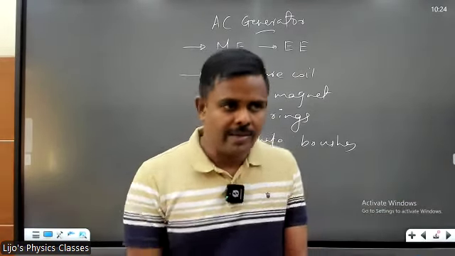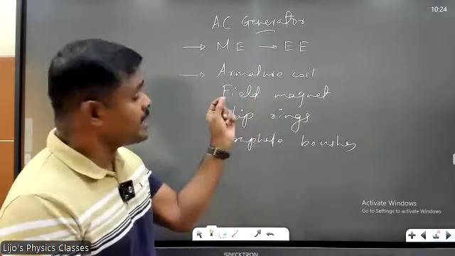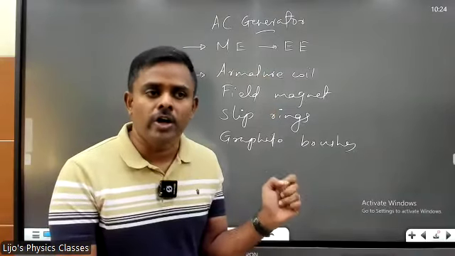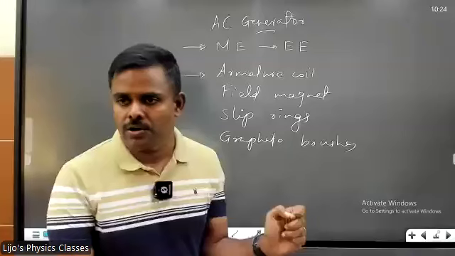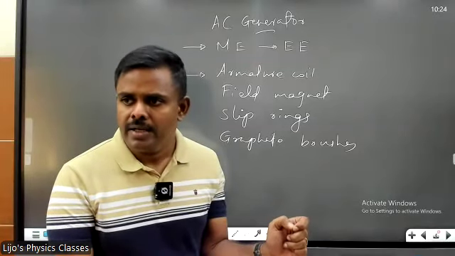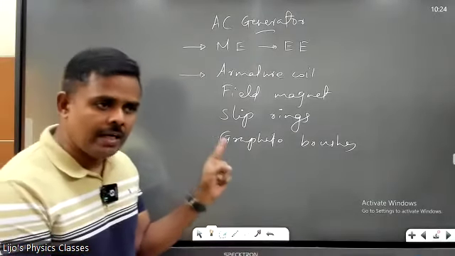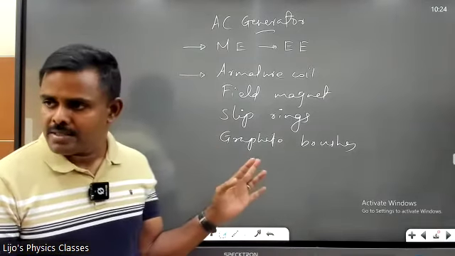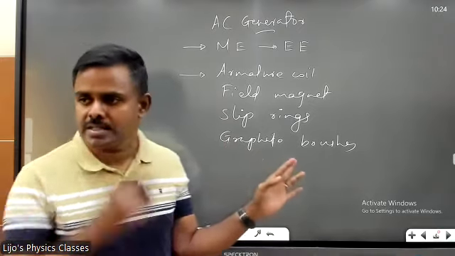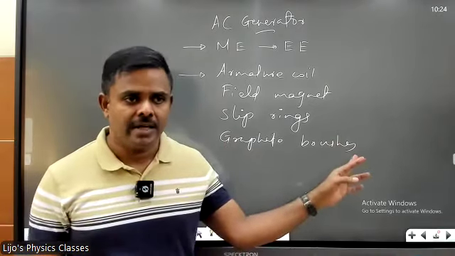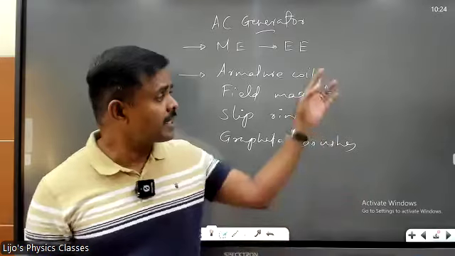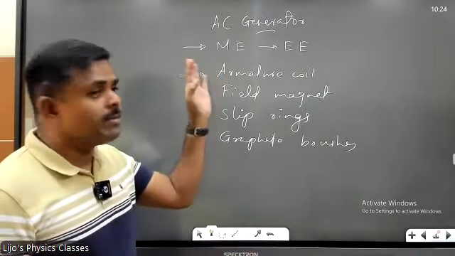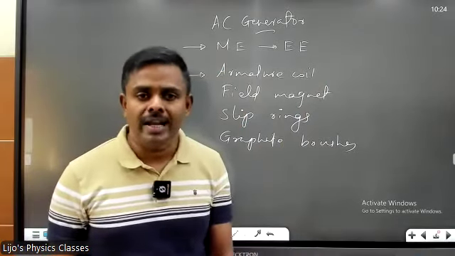And that generator has these components: a huge coil called the armature coil, a huge magnet called the field magnet, then slip rings and graphite brushes. These are acting as contacts. These are the parts of an AC generator. And what do you convert here? Mechanical energy is converted to electrical energy.